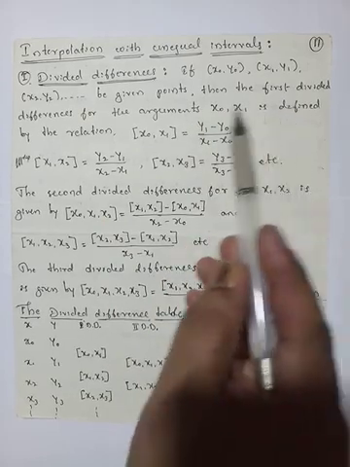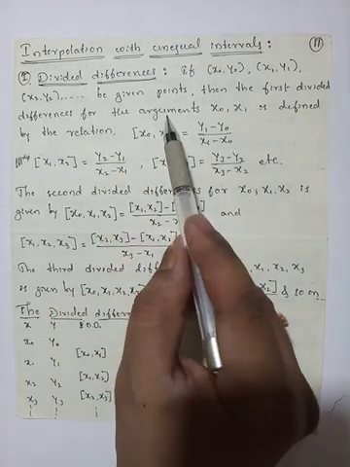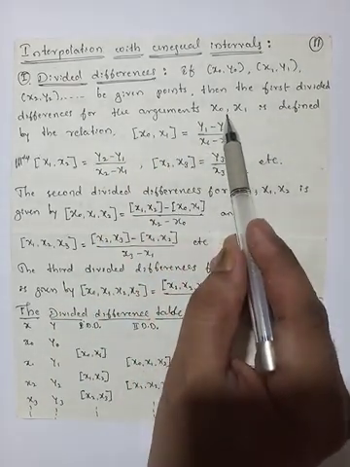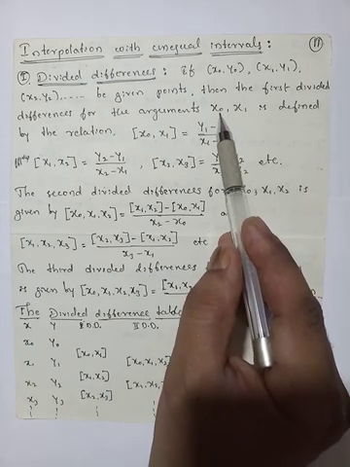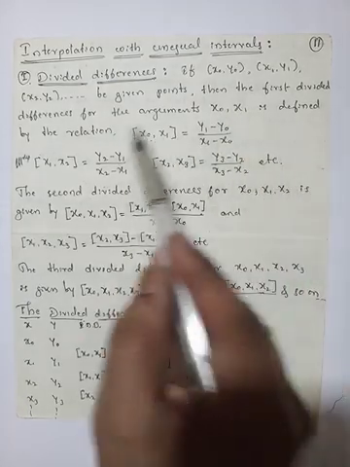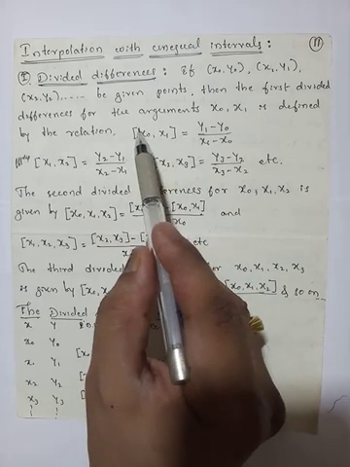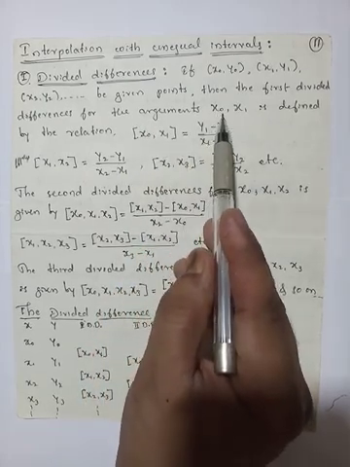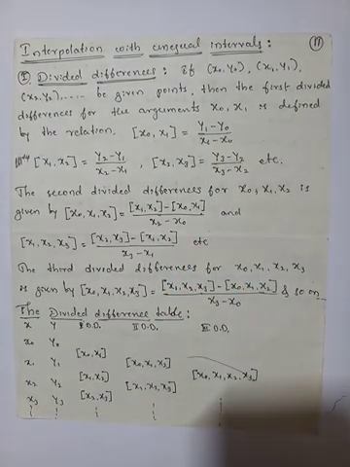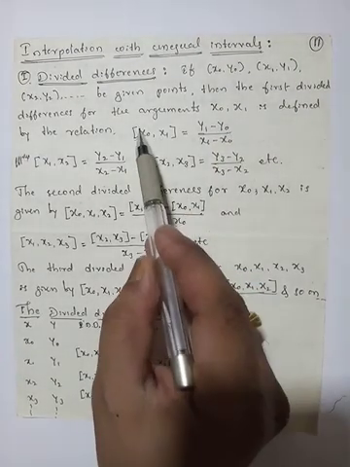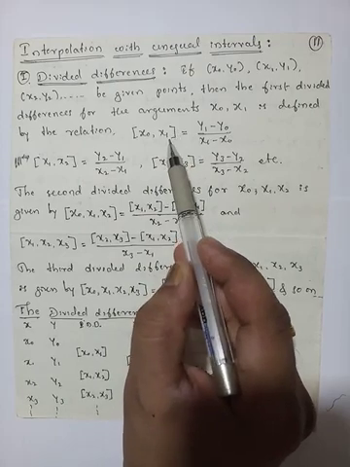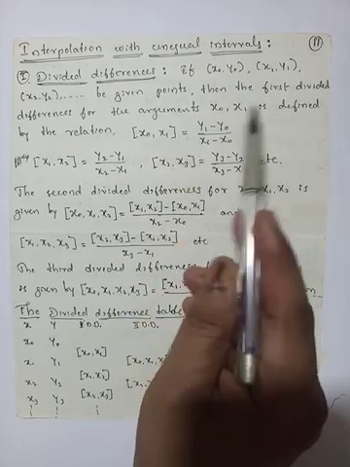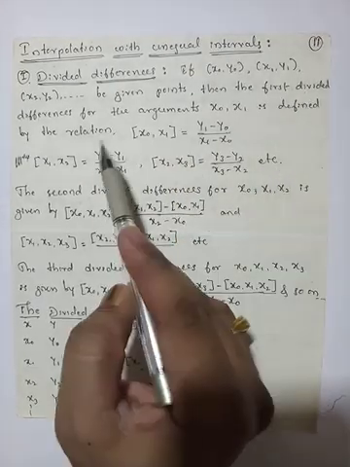Then the first divided difference for the arguments x0 and x1 is defined by the relation in a square bracket, x0 comma x1. This is the notation for the first divided difference.